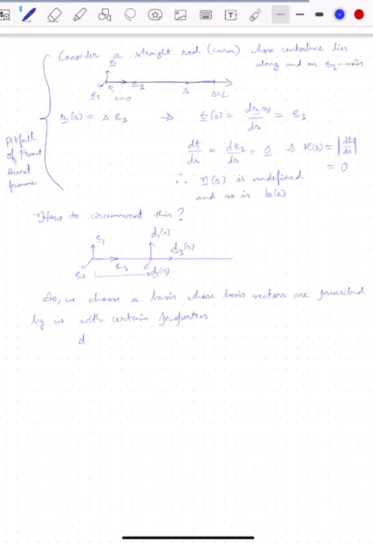So the first property is that D1 vector, D2 vector, and D3 vector are unit vectors.